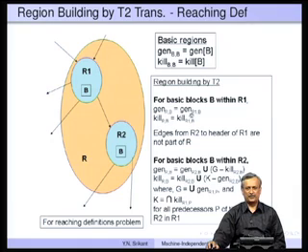There are two transformations T1 and T2. For each of these transformations, we now provide a method of computing the transfer functions. As I told you, we need to compute only the gen and kill information for each basic block corresponding to each region, from the lowest level to the highest level.